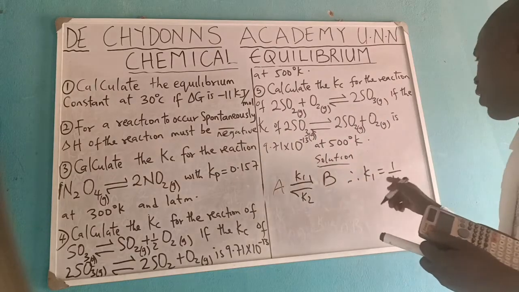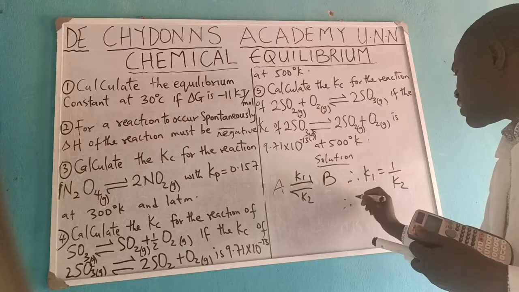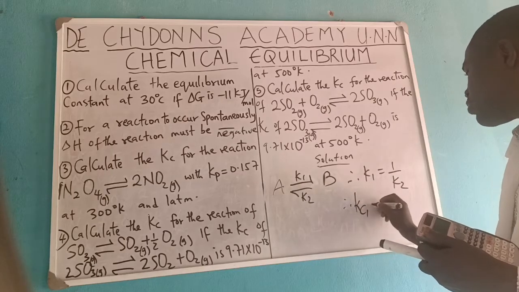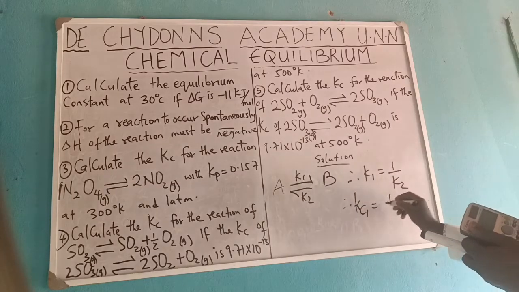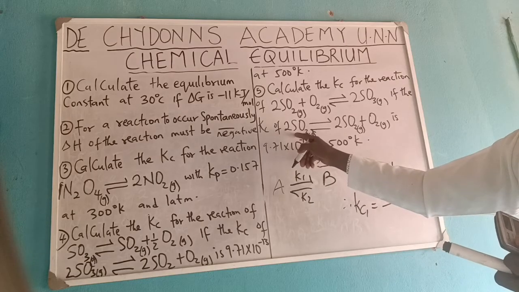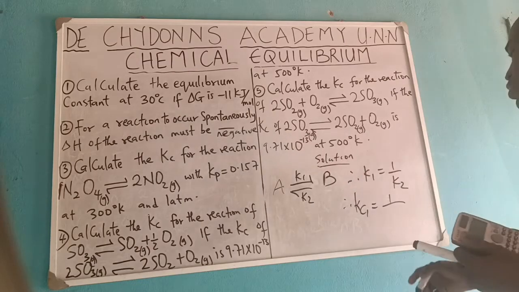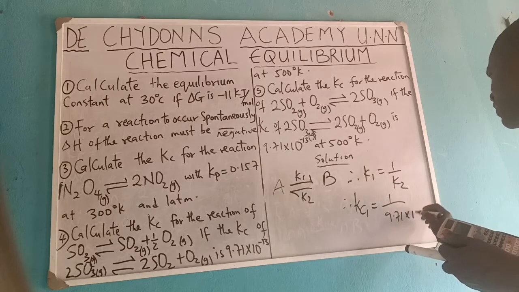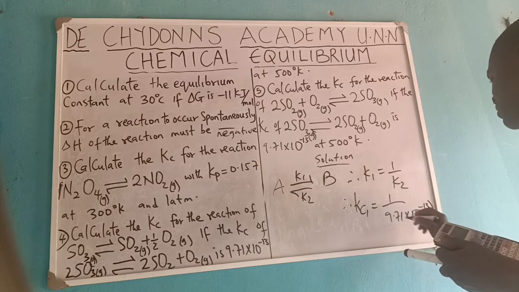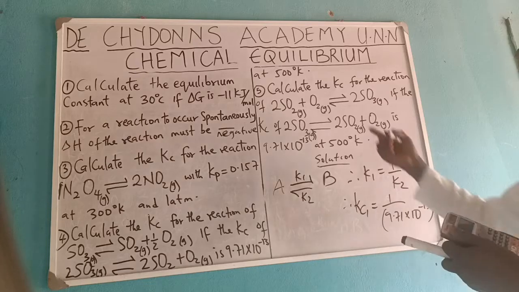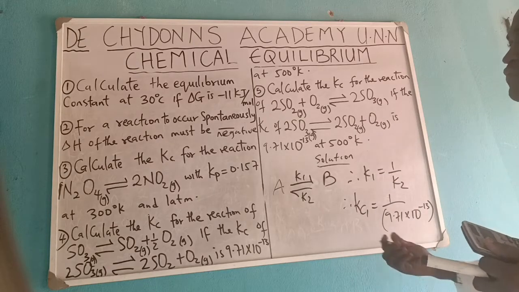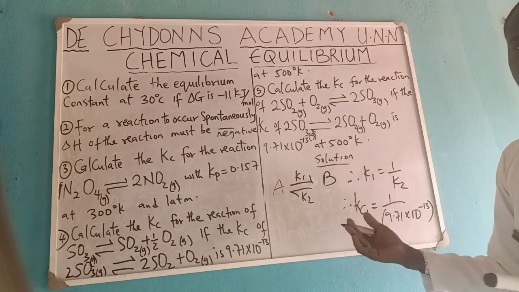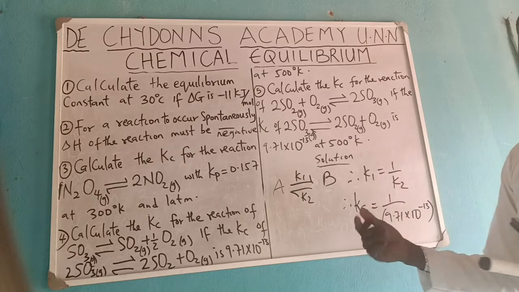Now to get K1 from this formula, I will say therefore my Kc1 will be equal to 1 over this second Kc, that is Kc2. 1 over, and what is it? 9.71 times 10 raised to power minus 13. Once I compute this, I am done with this. That is why if you understand these principles very well, you will not be wasting your time to solve a question.